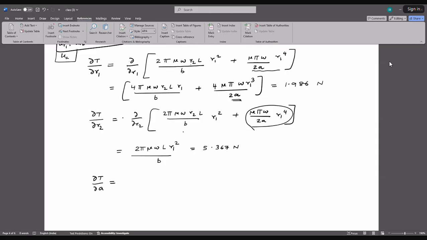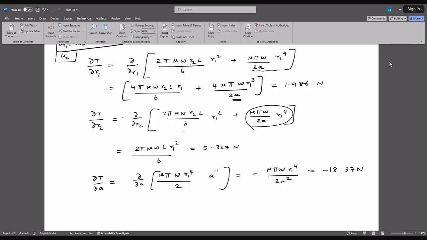Here A is in the denominator, so that is dou over dou A of mu pi omega R1 to the power 4 times A to the power minus 1, right? That will give you minus mu pi omega R1 to the power 4 divided by 2a square. If you substitute all the values, it will give you minus 18.37 Newton.